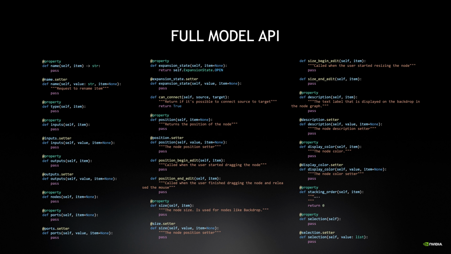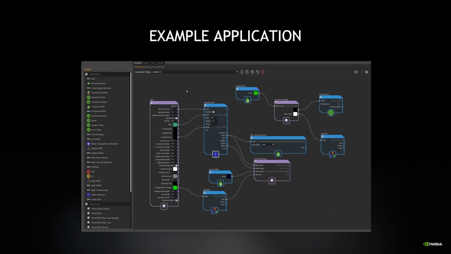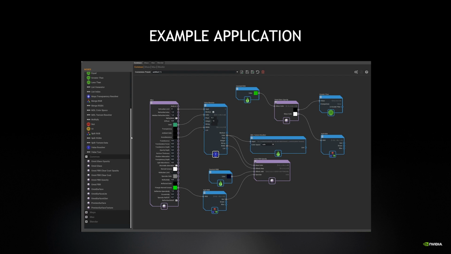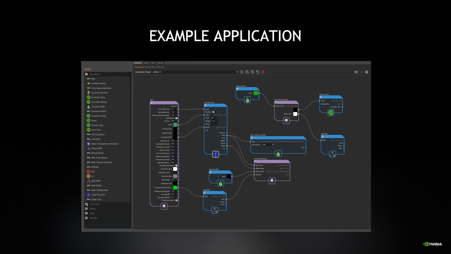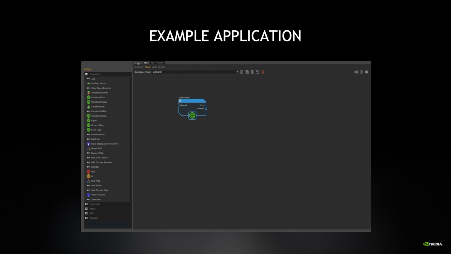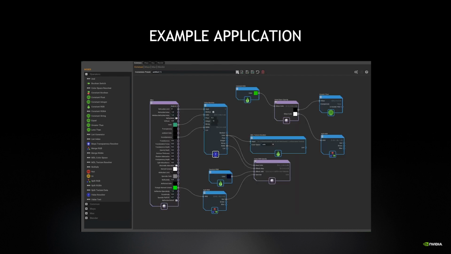Here is the full API of the model, enabling you to write all of these very interesting connections between your information and then the front end in a very simple way. Again, you can write any type of application using this model. Here is a Kit application designed entirely in Python, leveraging some of the other Omni.UI components like Treeview, buttons, and different components.